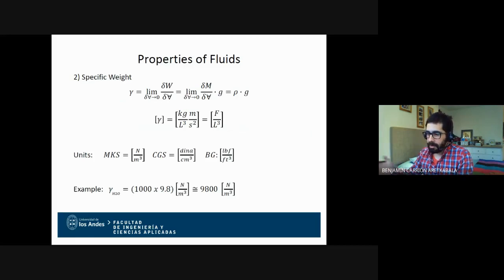And in other unit systems, it has other units. We don't go into that because I don't think that's very interesting. But the typical value, again, is 1,000 times 9.8, so more or less 9,800 newtons per cubic meter.